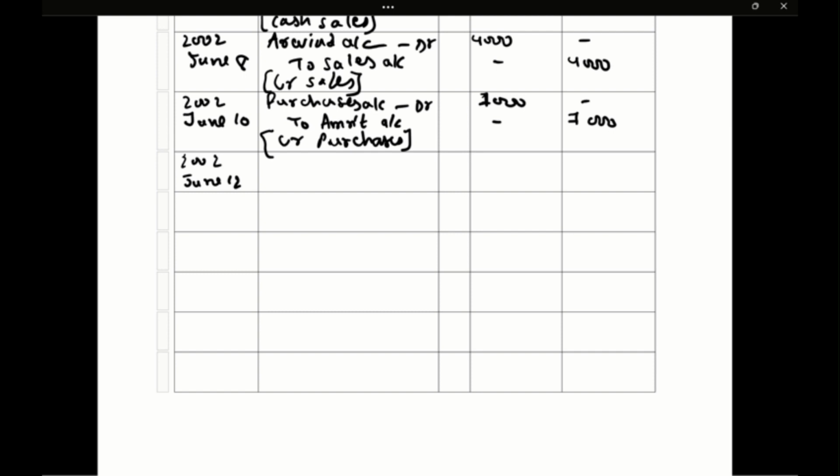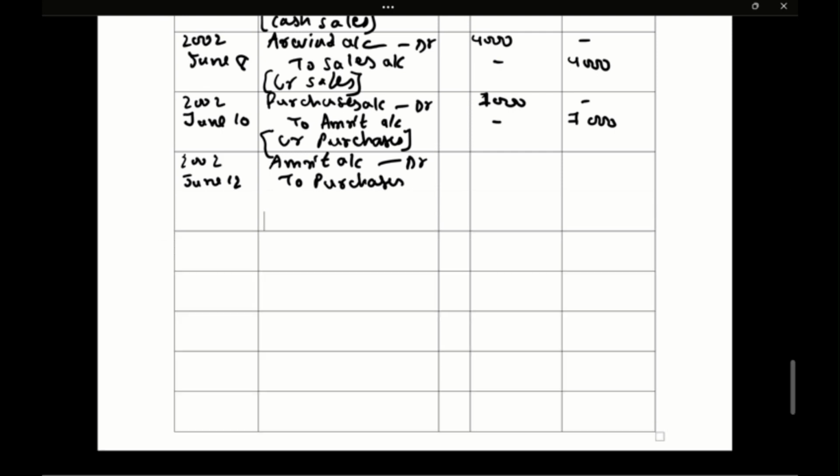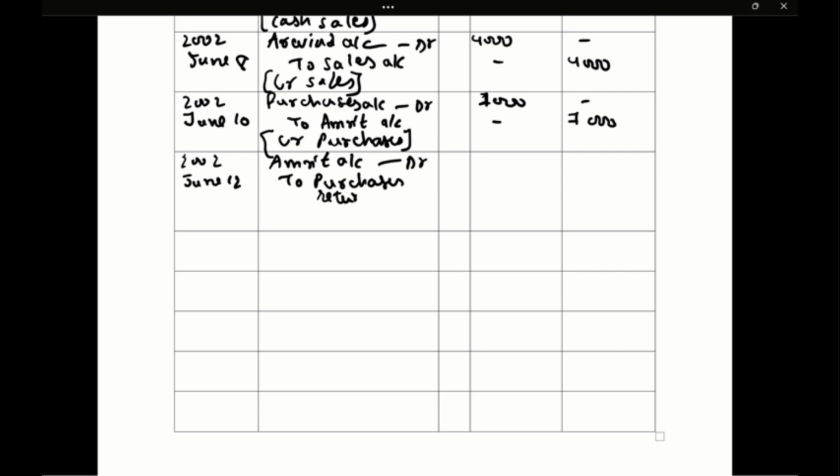So the entry will be reversed: Amrit account debtor to purchases return. So the amount is 1,000 rupees, goods we returned. So the narration will be goods returned.